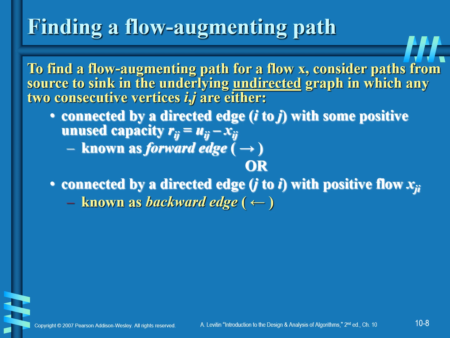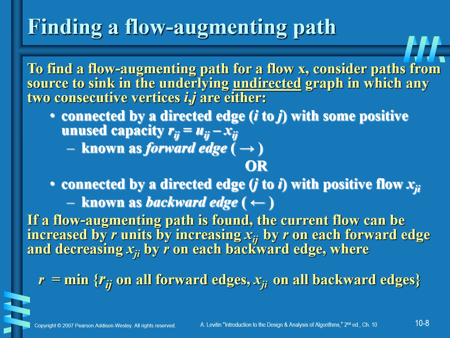So for a forward edge you find the unused capacity, that is, how much flow can still be sent on that edge: the capacity minus the current flow. And sometimes we have a backward edge, a directed edge from j to i with a positive flow xij.